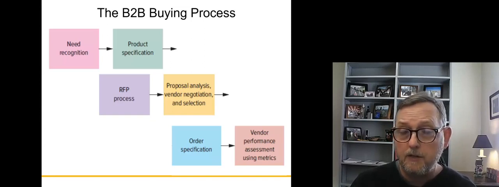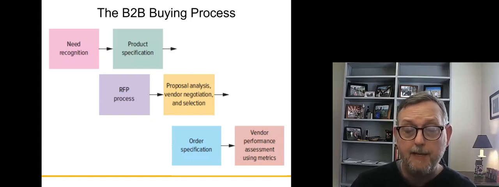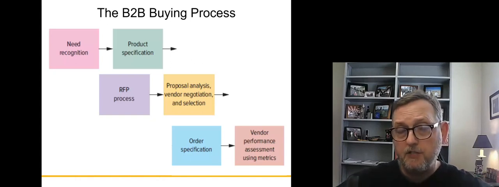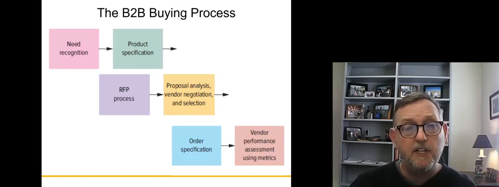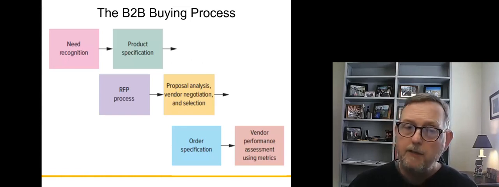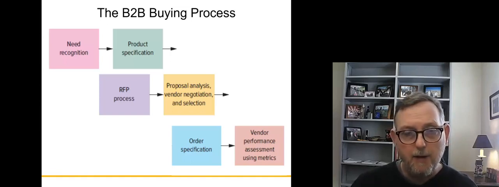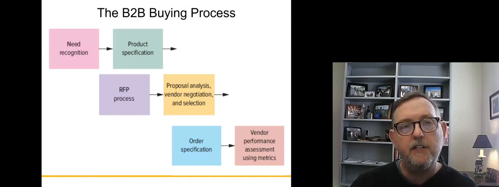We do what's called an RFP, a request for proposal, and that's the buyer. The buyer makes a request, posts that request, and then potential sellers respond to that request. So it's kind of like a bid almost. So once the request for proposals is out, the proposals come back from the vendors.